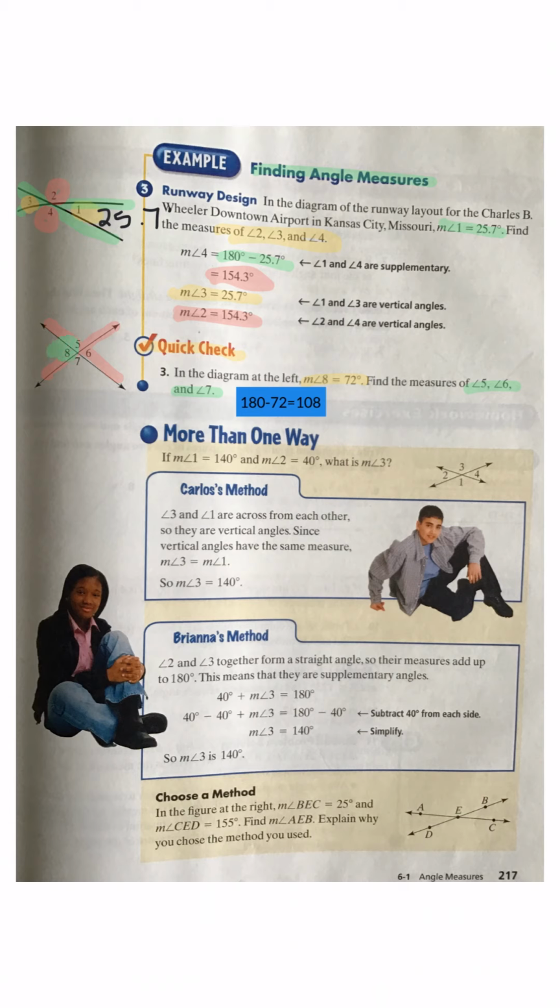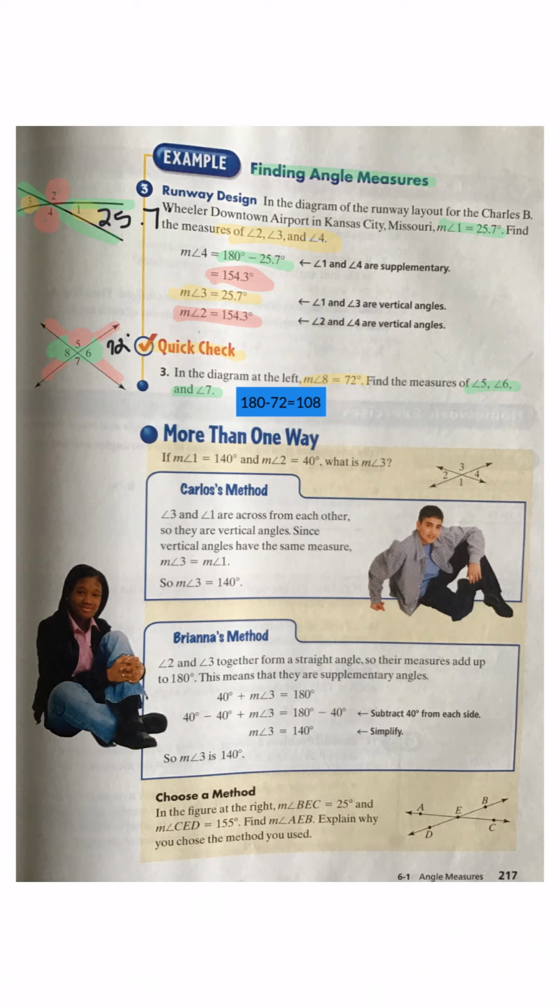Well, looking at it, I know that angle 6 is a congruent angle with angle 8. And what we learned earlier was that that means they have the same degree measurements. Therefore, if angle 8 equals 72, then angle 6 also equals 72 degrees.